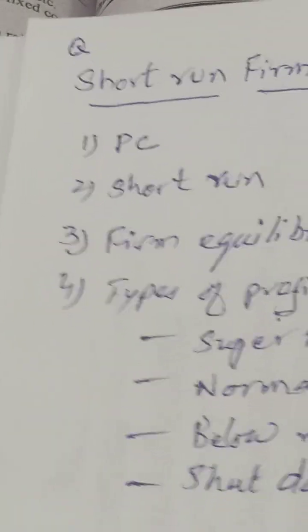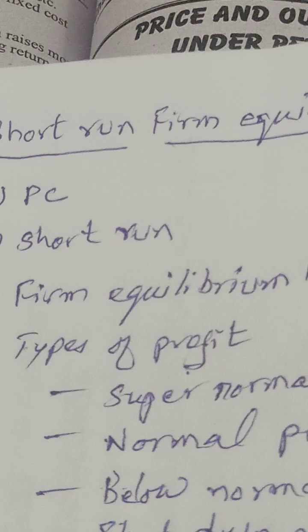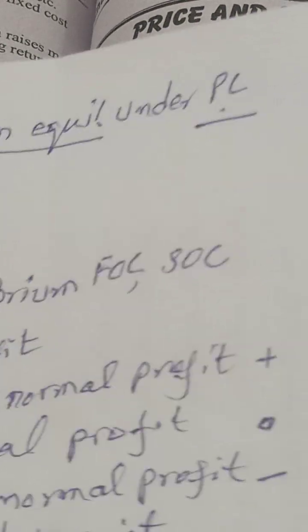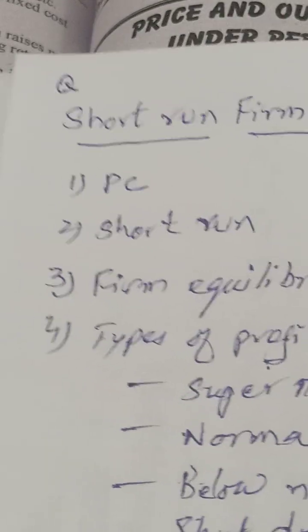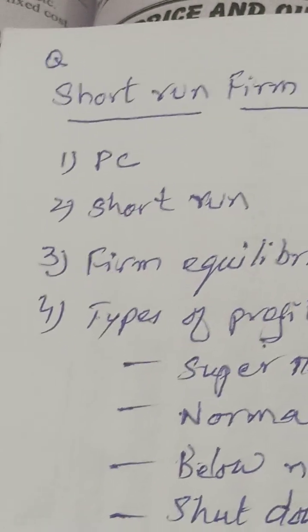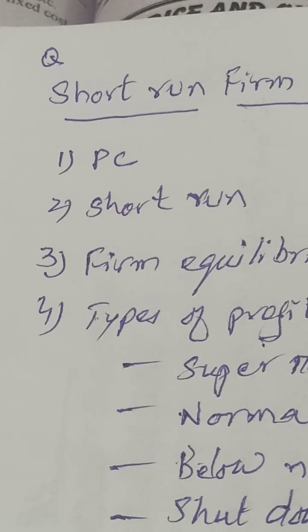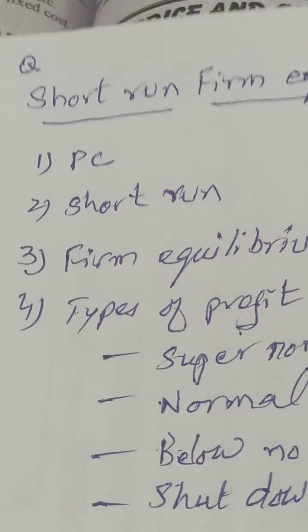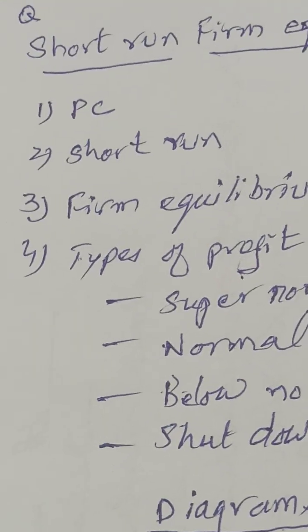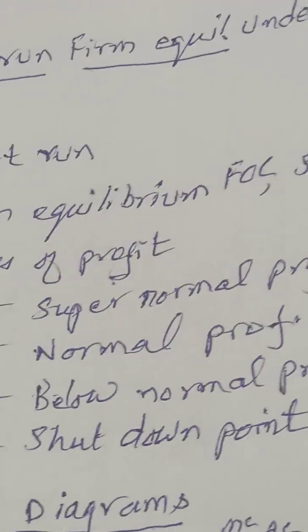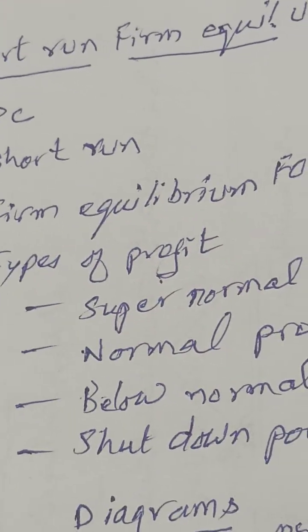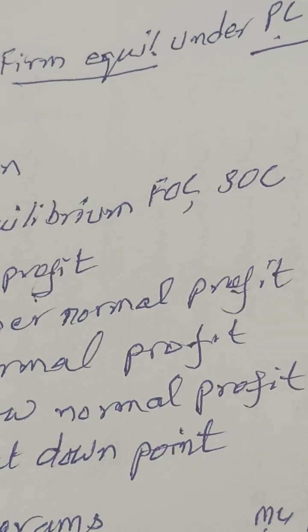We are going to study short run firm equilibrium under perfect competition (PC). First of all, we will explain perfect competition, then short run, and third, firm equilibrium and conditions of firm equilibrium.